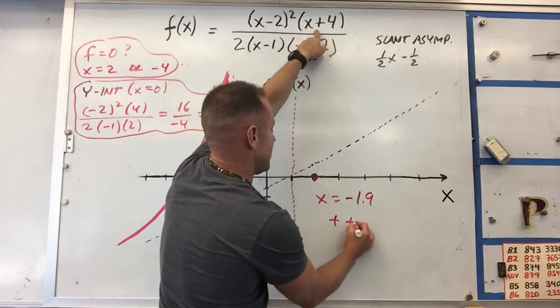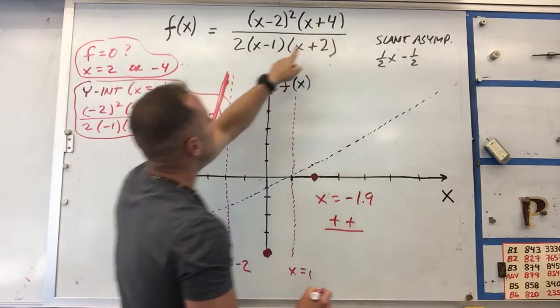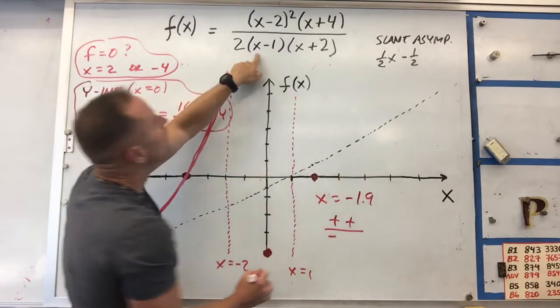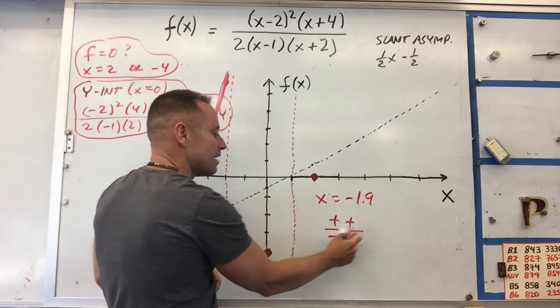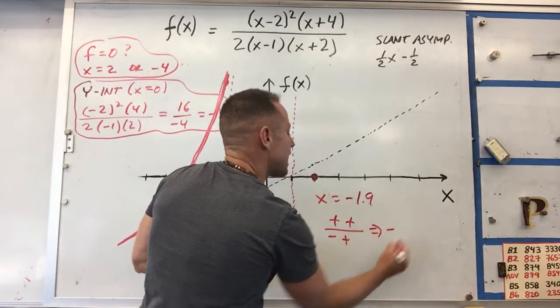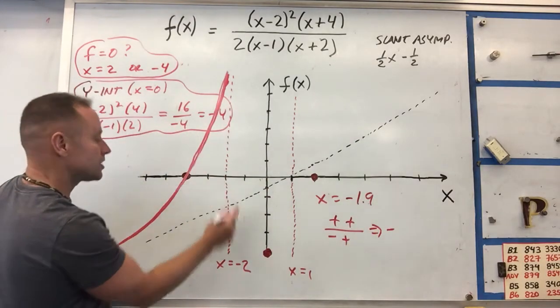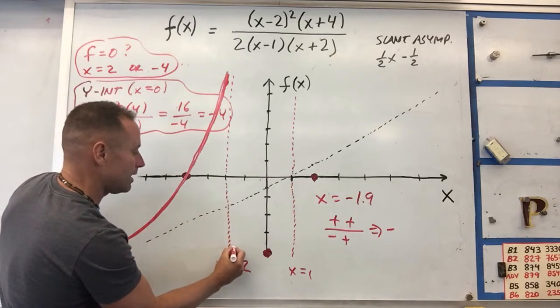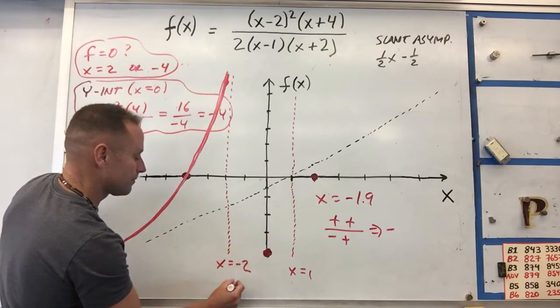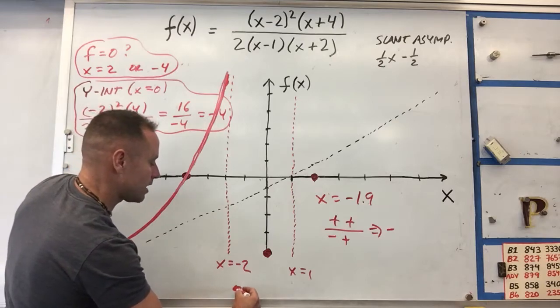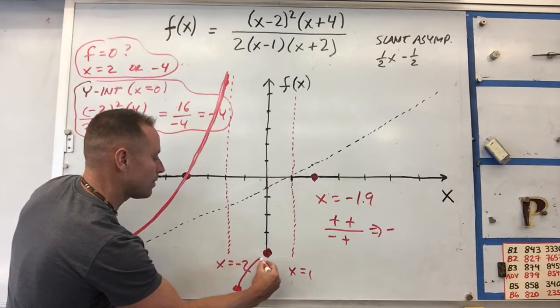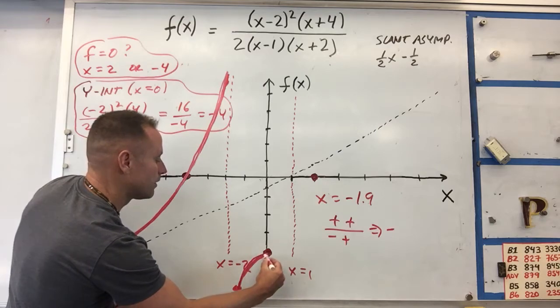That term is going to be positive at negative 1.9. That's going to be negative, and that's going to be positive. So we have positive divided by a negative, so that's going to conspire to make negative. So what that means is the function here is going to be way down here somewhere. Boy, I got to go way low on the graph here. So it's going to be down here. So we know it's going to come from way down below and come up to this intercept.